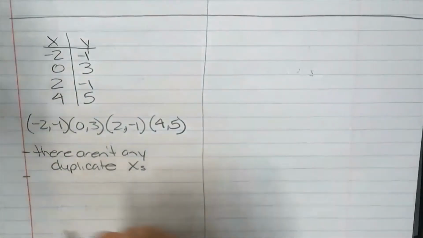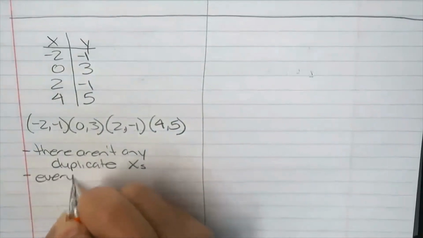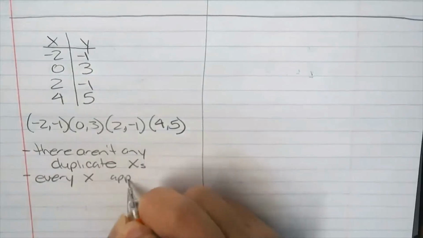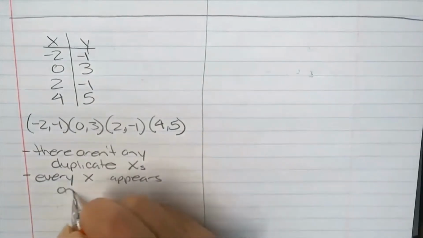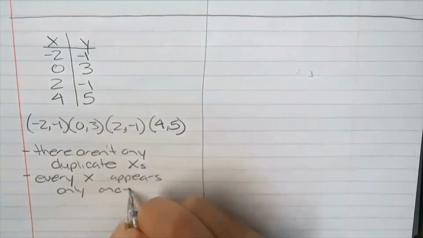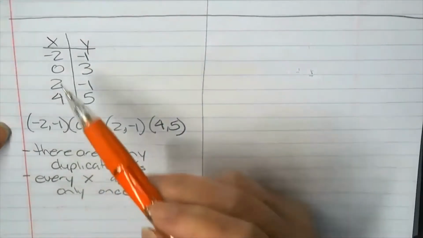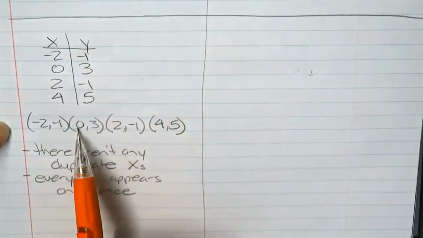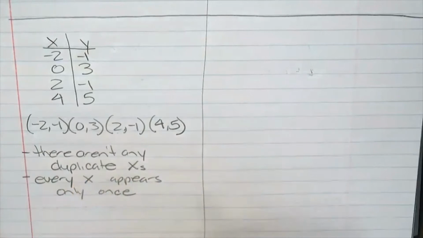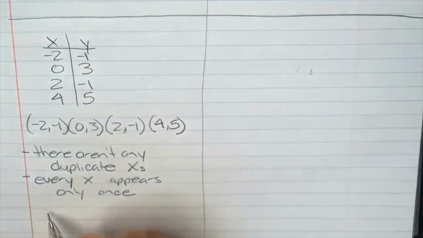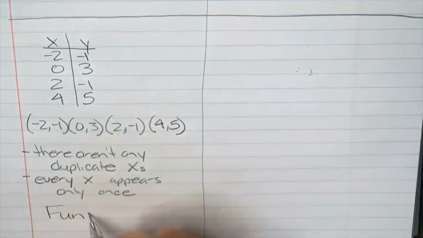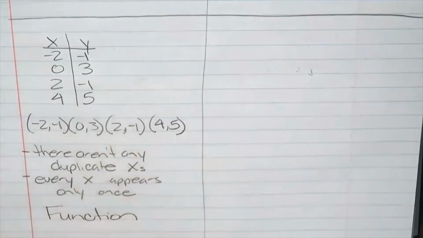Or you can think of it as every x appears only once. So because I don't have any duplicate x's, or every x appears only once, this is a function.